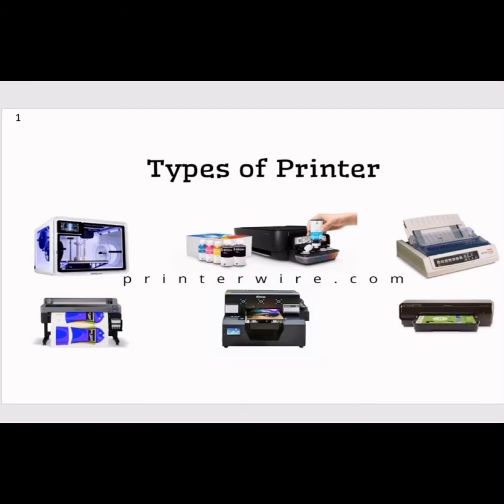There are dot matrix printers, slot ink printers, thermal printers, inkjet printers, and laser printers. Inkjet printers are among the old printing technologies, which make use of an ink board to make an imprint on the paper.